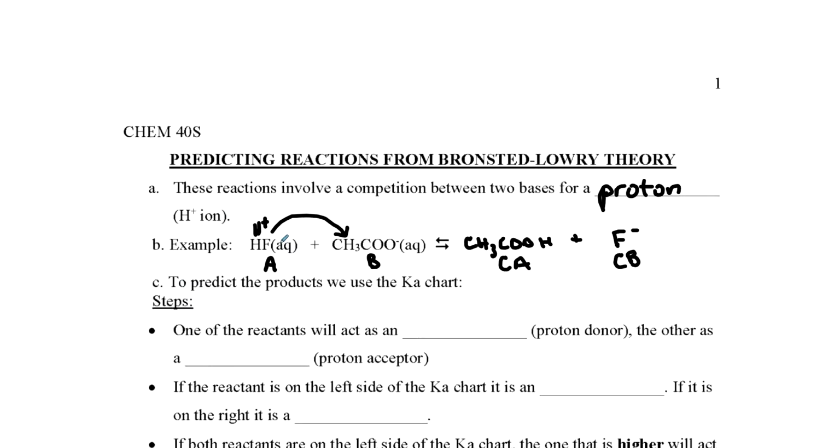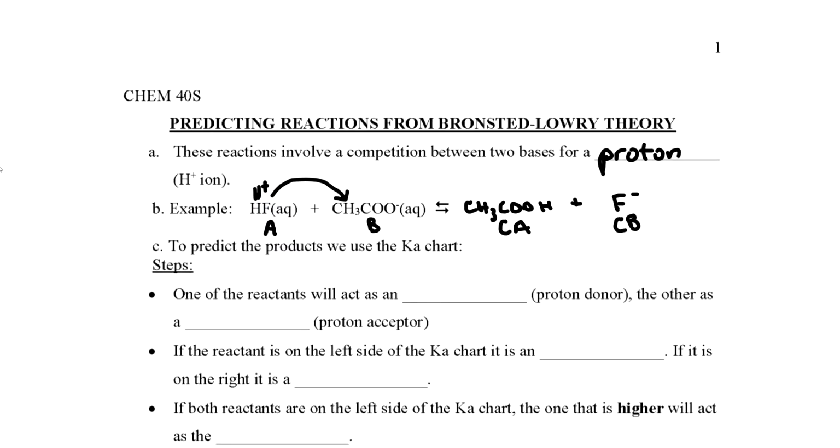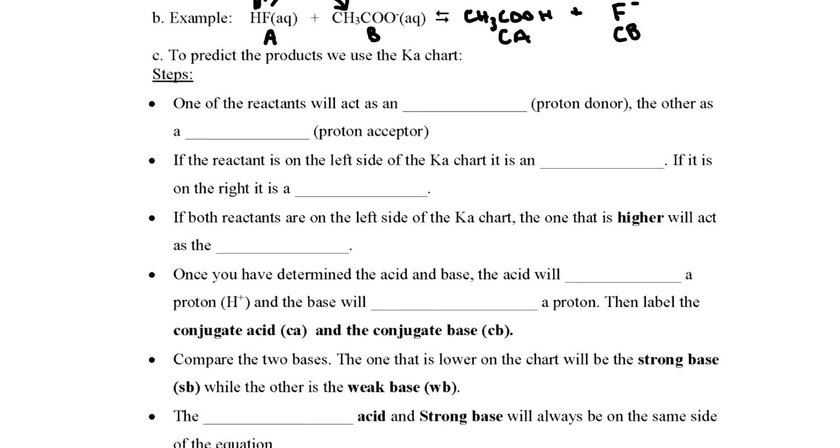We want to use our Ka chart because it's not always super clear which one's the acid and the base. In this case, you're probably familiar with hydrofluoric acid, so you would know, but you wouldn't always know.